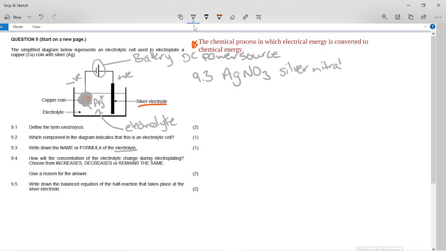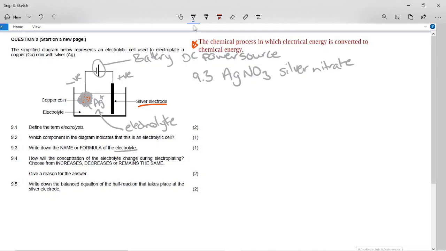Silver nitrate is the most obvious one, but according to the memo, you can have silver ethanoate, silver fluoride and silver perchlorate. If you wrote silver chloride, no. Remember all of those tests from grade 10. How do you test for chloride ions? You add silver nitrate. So you just need some kind of a soluble silver salt. All electrolytes are a soluble salt of whatever you are electroplating with.